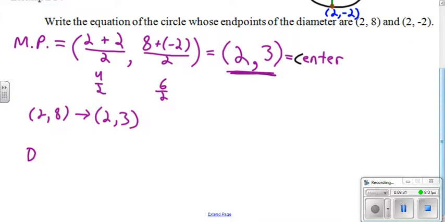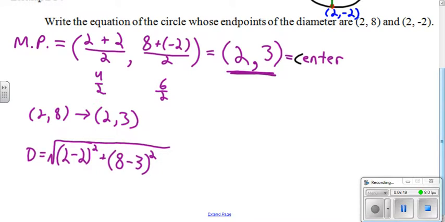So remember our distance formula, d equals the square root of (x2 minus x1) squared plus (y2 minus y1) squared. In this case I use this as my x2, y2, and this as x1, y1, and just plug those in.